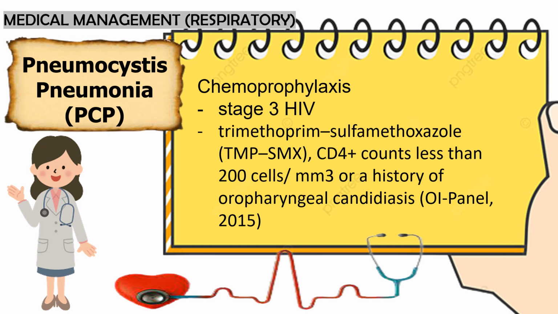So for patients with pneumocystis pneumonia, particularly those patients with stage 3 HIV infection, they should receive a chemoprophylaxis such as trimethoprim or sulfamethoxazole for patients with CD4 plus counts less than 200 cells per cubic millimeter or a history of oropharyngeal candidiasis.